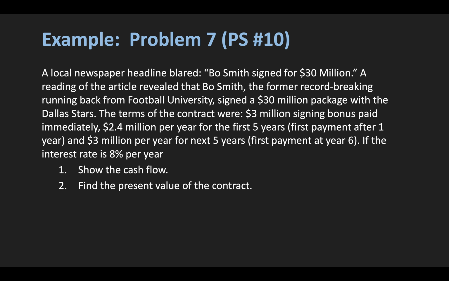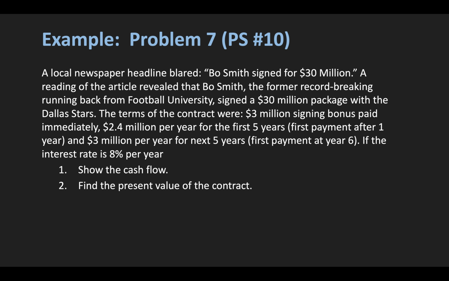So here it is. The problem is from our homework 10. A local newspaper headline blared, Bo Smith signed for $30 million.